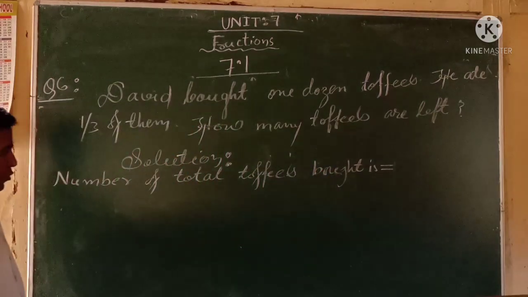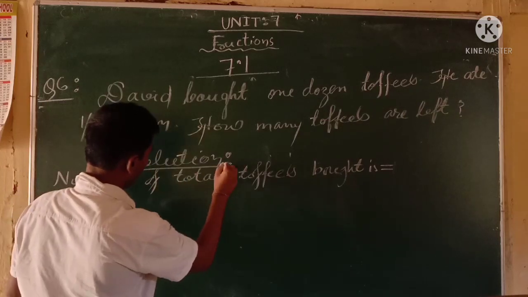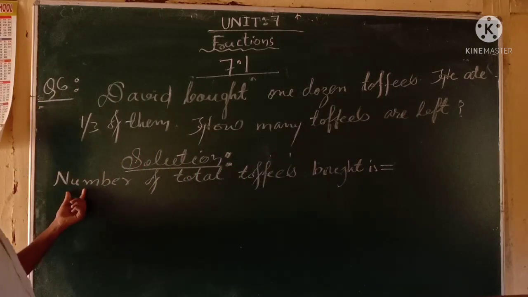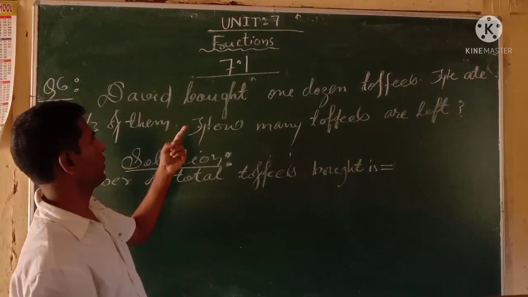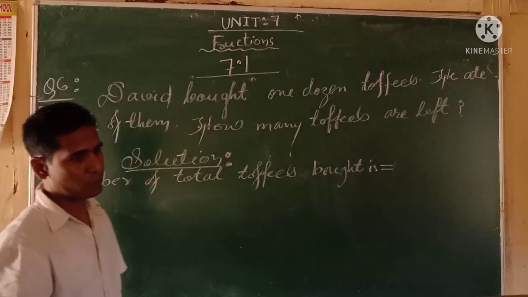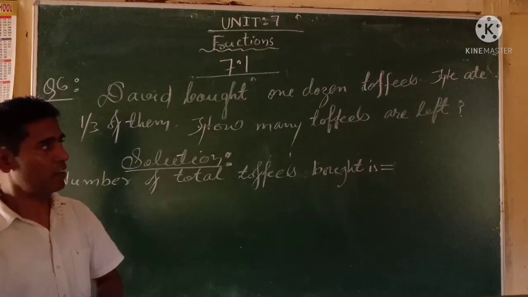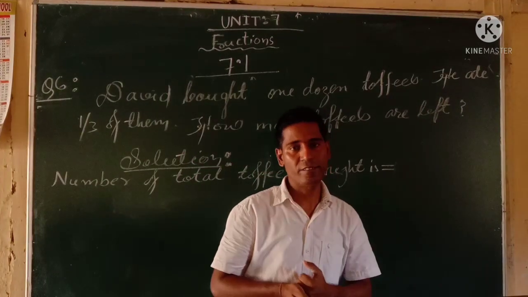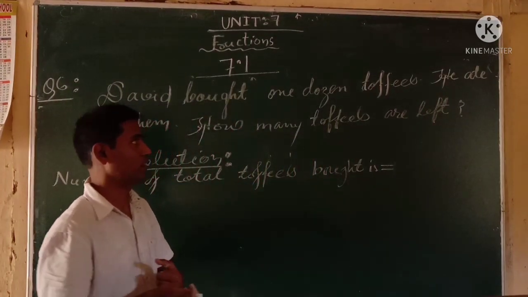In order to solve, first of all, see what is given in the question. The number of toffees bought by David is 1,000.